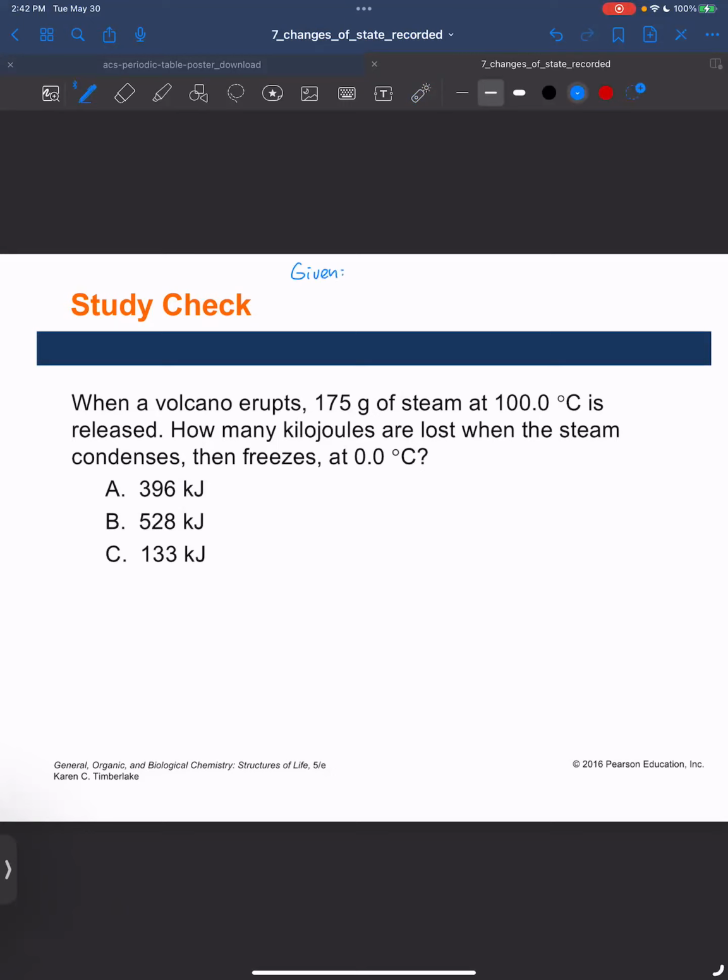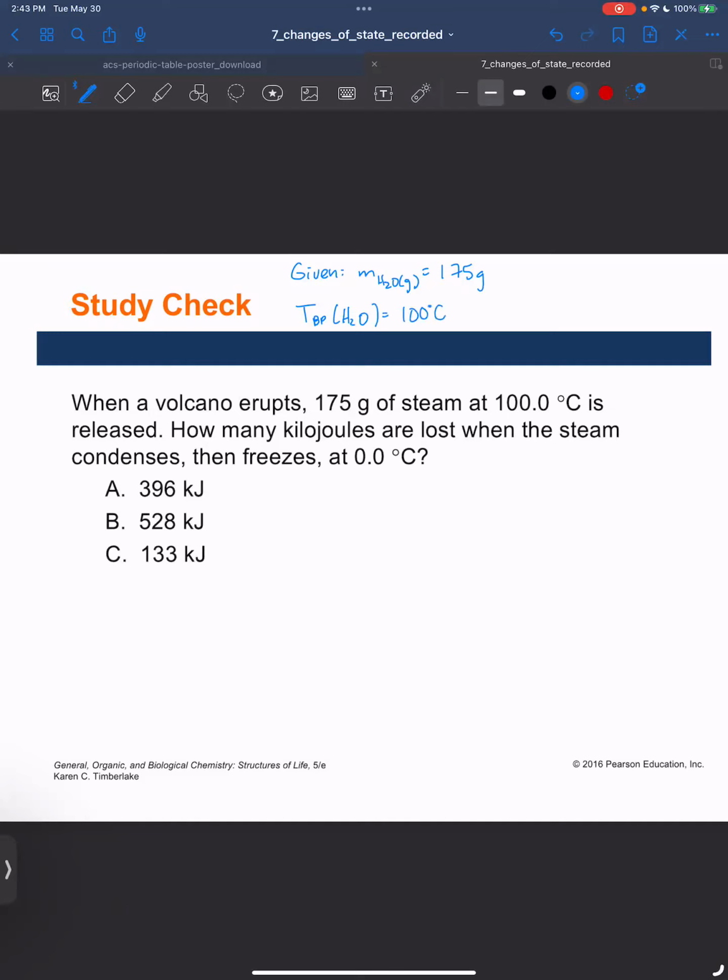So we are given the mass of steam, which is water as a gas. I'm going to identify that: 175 grams. When I see 100 degrees Celsius, I immediately think that's the boiling point or condensation point for water. I'm going to write that down, but I may not necessarily need that number. It might just be giving me experimental conditions.